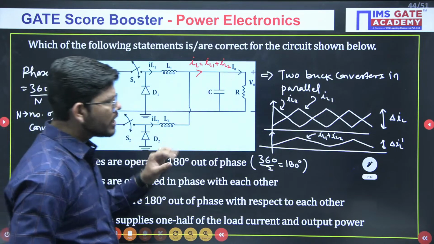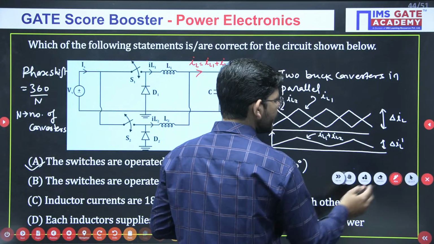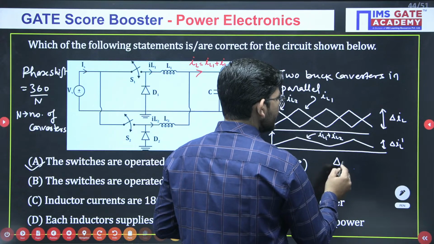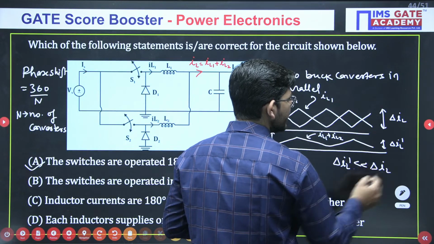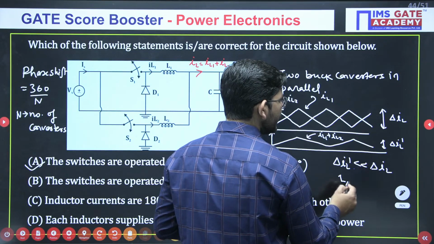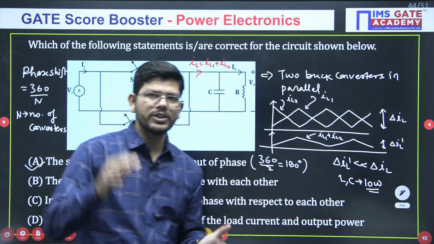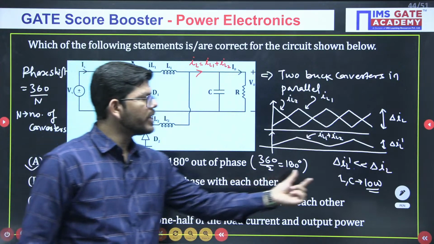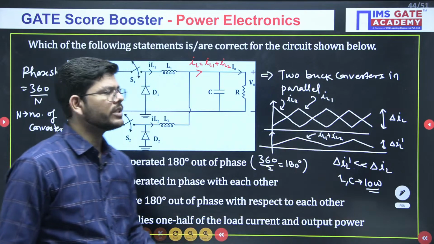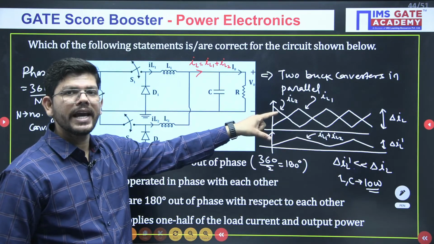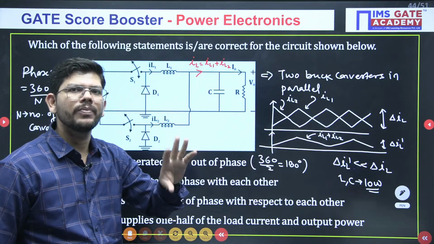Sum of current will have a ripple of delta IL dash, and it is clearly visible here that delta IL dash is very less than delta IL. So filter requirement, L and C values, will be very low because you have reduced the ripples, so the filter required to minimize the ripple will be very less. Just see, individual converters will carry more ripples, but the combination will carry less ripples.